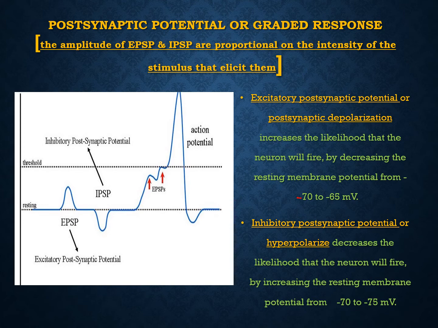And inhibitory postsynaptic potential, also known as hyperpolarization, decreases the likelihood that the neuron will fire by increasing the resting membrane potential from minus 70 millivolt to minus 75 millivolt. Here is the diagram. We can see that the resting potential is mentioned.